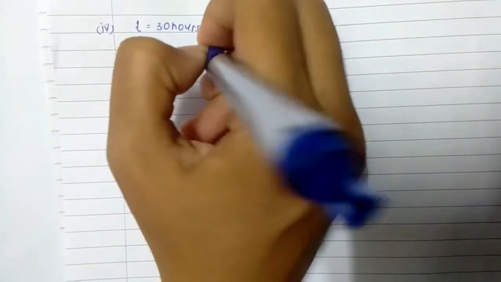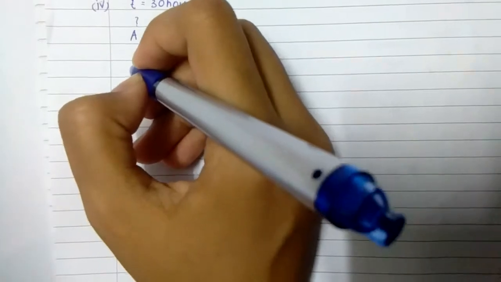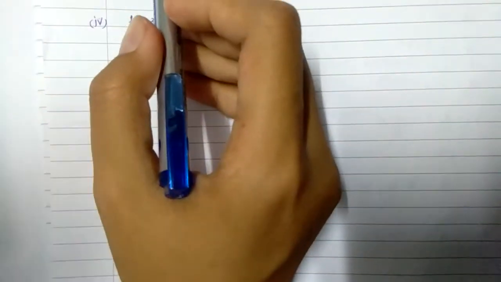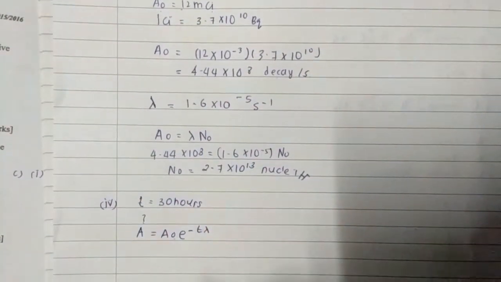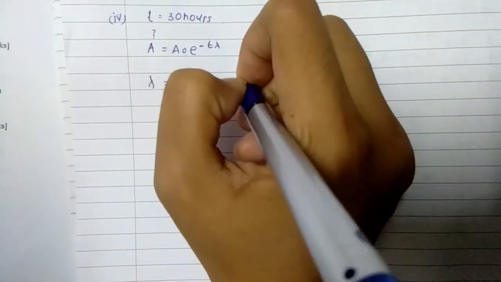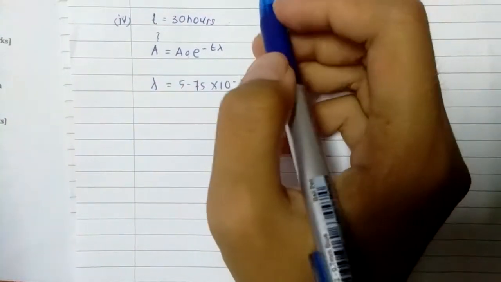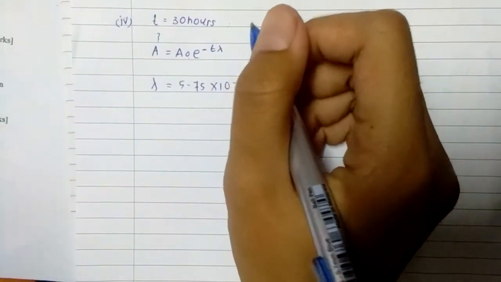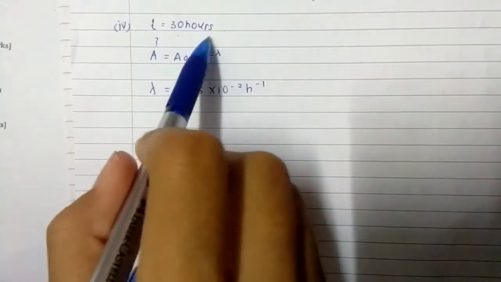Use the formula A is equal to A naught e to the power negative decay constant times t, as the question asks to find A. Use the same A naught, which is 12 millicurie, and since the time is given in hours, use the decay constant 5.75 times 10 to the negative 2 per hour, or change time into seconds and use the decay constant in seconds. But in this question, we use hours.